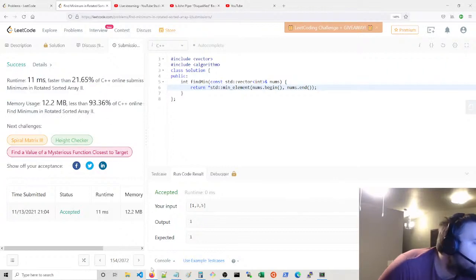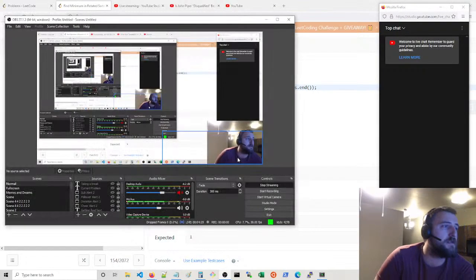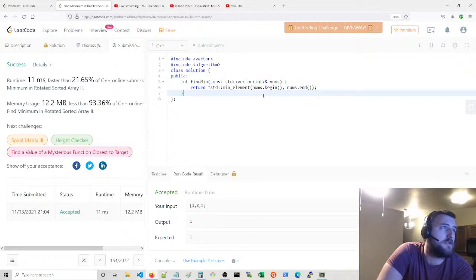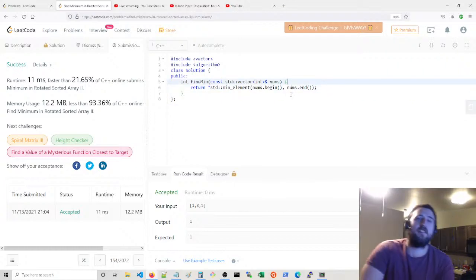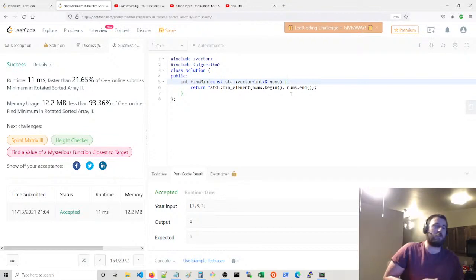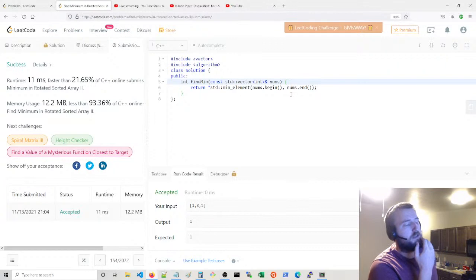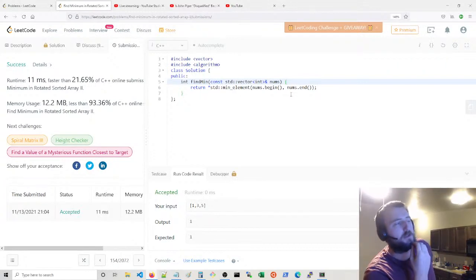So interesting question. Obviously, we didn't really solve it. We just went for it without thinking too hard about it. But the idea is to do this in logarithmic time rather than linear. If there are no duplicates, I think you can do this in logarithmic time relatively easily.